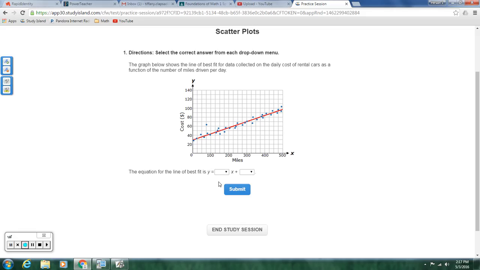Y equals mx plus b. What's m? Slope. What's b? The y-intercept. Can we look at this and tell what the y-intercept is? What does it look like? It's not by 10, so 30?